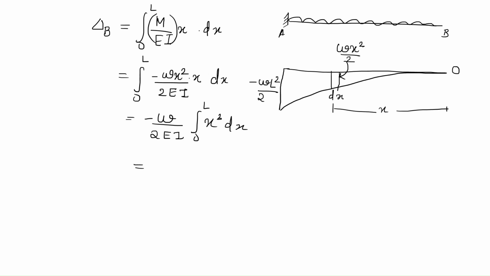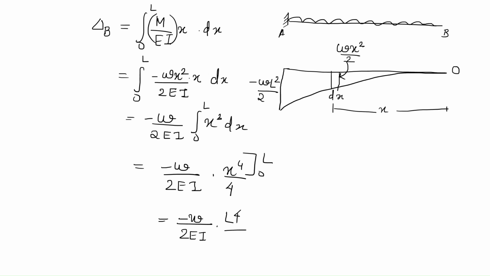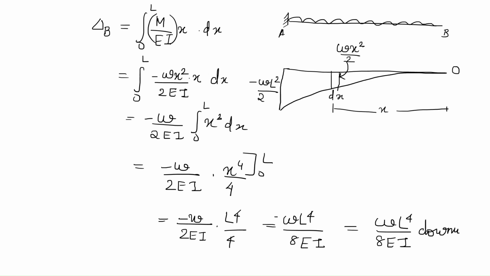So it will be minus w divided by 2EI into x raised to 4 by 4 within the limit 0 to L. Then our value will be minus w divided by 2EI into L raised to 4 by 4, that is wL raised to 4 by 8EI, and its value is negative. So we can write wL raised to 4 by 8EI downwards. Since it is negative, we can write this downwards.